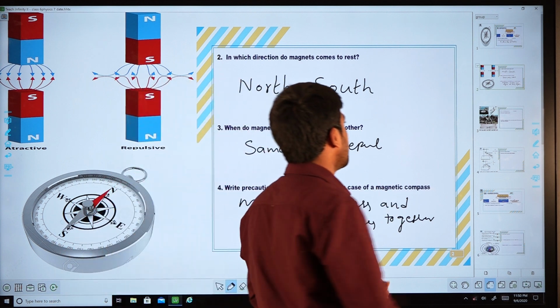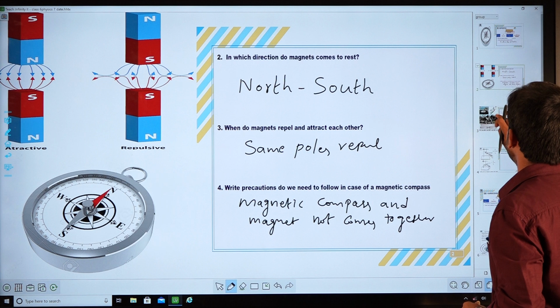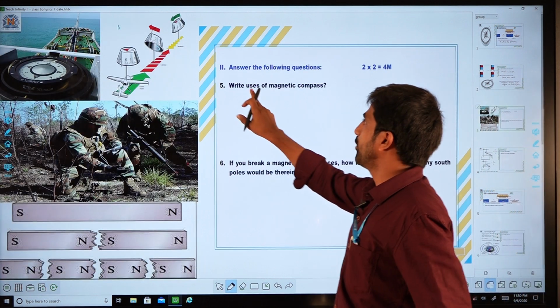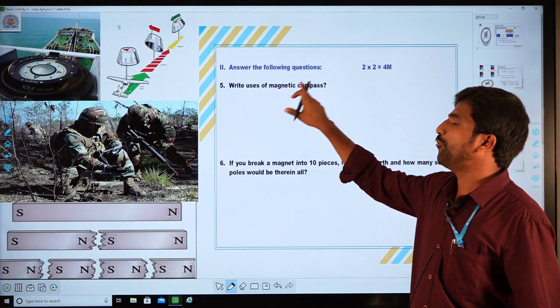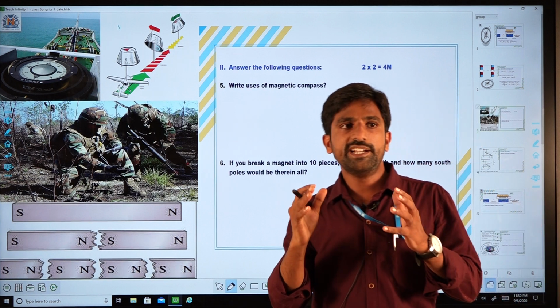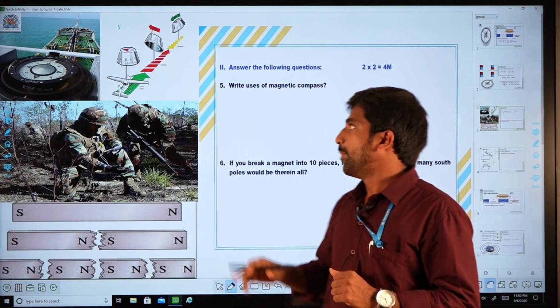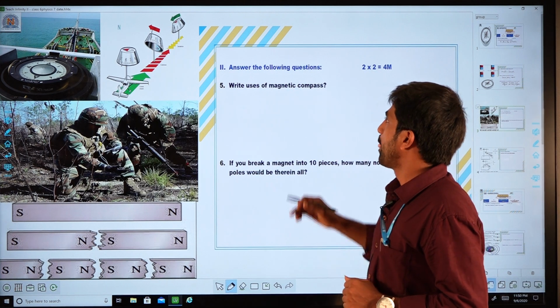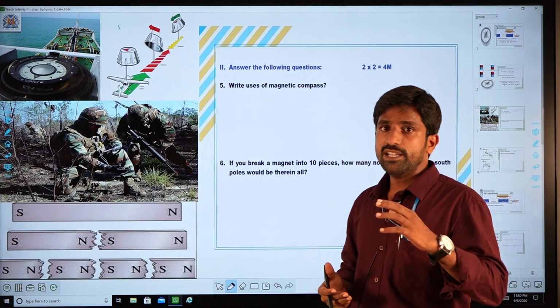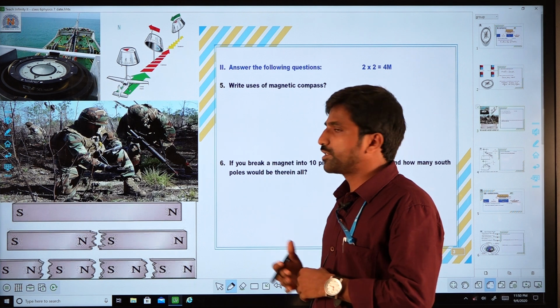Coming to question number 5, write uses of the magnetic compass. The magnetic compass is mainly used to find the direction, and some more daily life examples are also given.